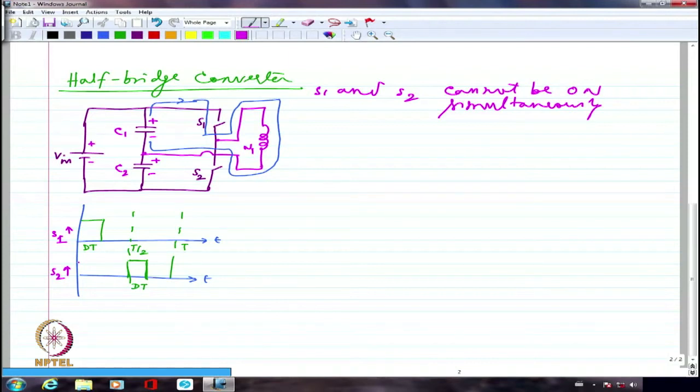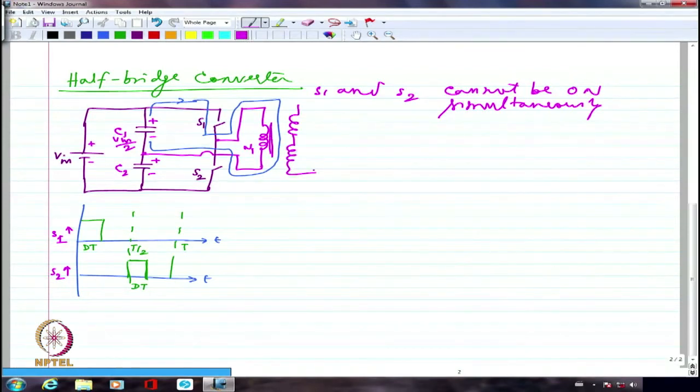Now what is available on this side will be whatever is the voltage that is coming up, that is V in by 2. So what I get as the voltage whenever any of the switches is on will be V in by 2, neglecting the imbalance between the two capacitor voltages. Because this is going to be my load. I am going to show the load on this side. I have the secondary here like this.